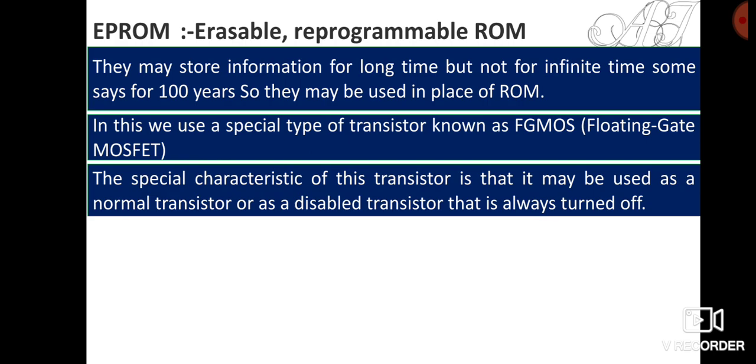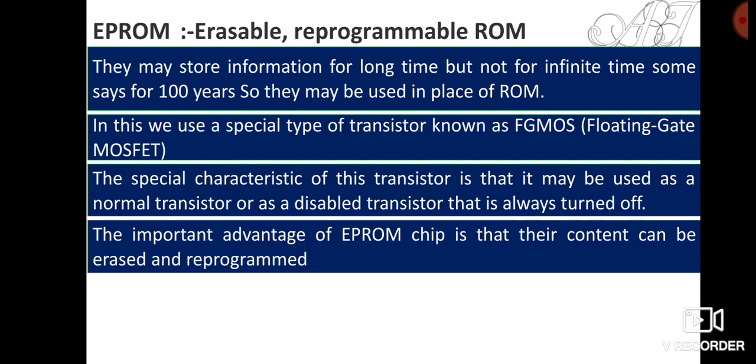The special characteristic of this transistor is that it may be used as a normal transistor or as a disabled transistor that is always turned off. What does it mean? If I don't want to store information at that particular transistor, then I will make it turn off, otherwise I will keep it turned on.